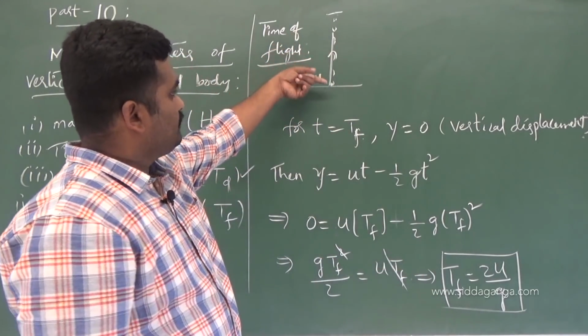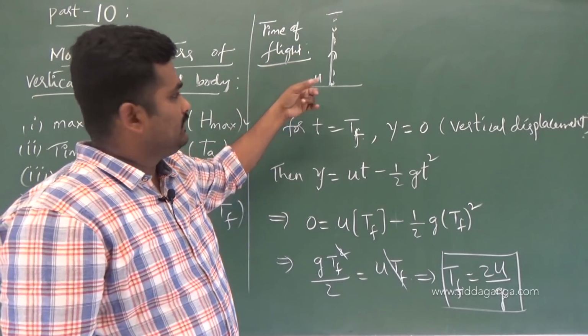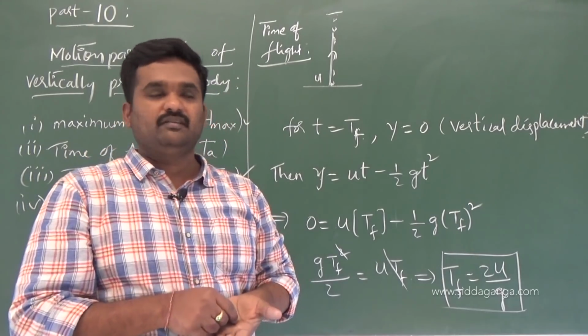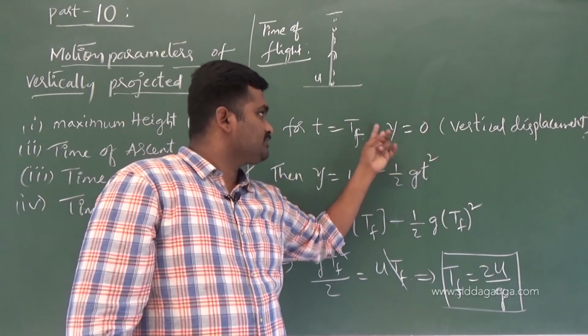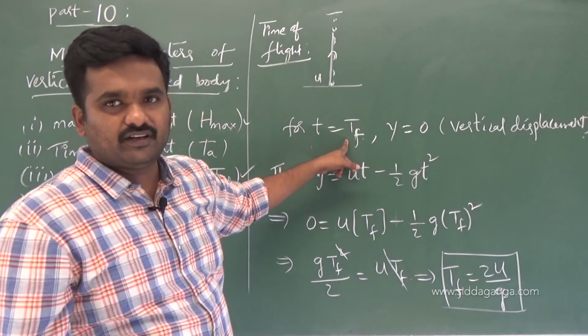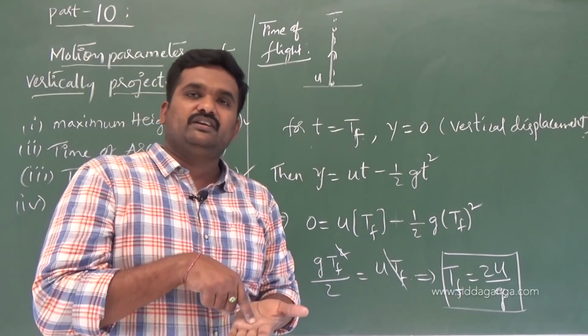So once again, vertical displacement is 0 during time of flight. Why? It starts from that point and once again comes back to the same point. Meanwhile, the total vertical displacement it covered is 0. So the time taken for that journey is time of flight: the time taken from the point of projection to come back to the same point of projection.